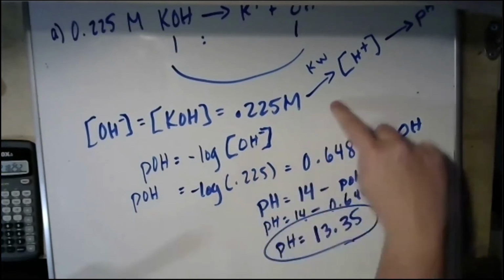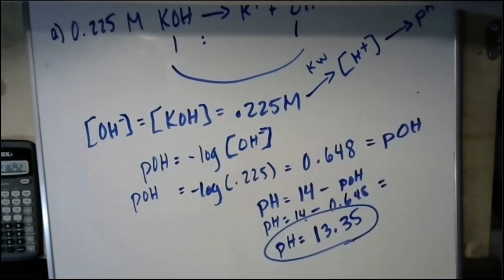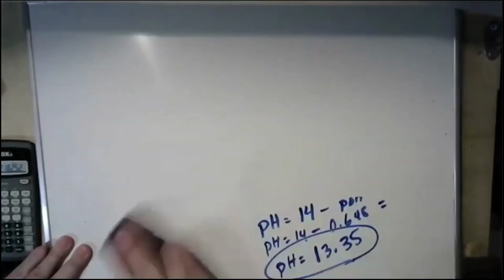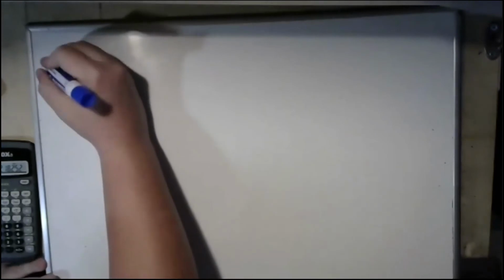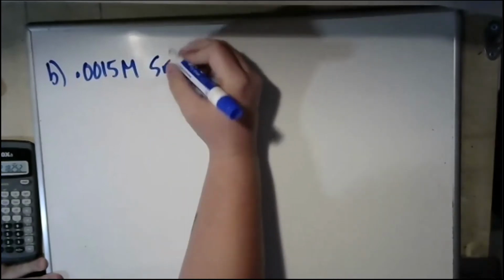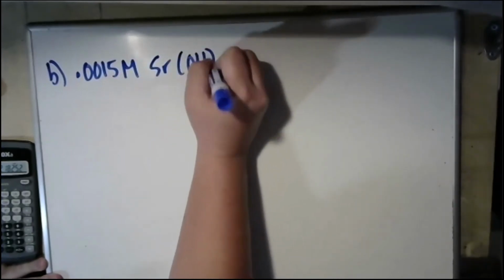We can solve it this way for the next one just so that we can see both of them back and forth. So the next question asks us to look at 0.0015 molar strontium hydroxide.